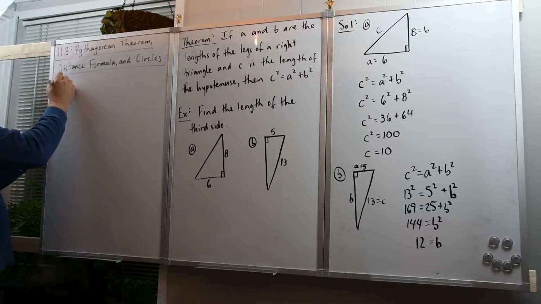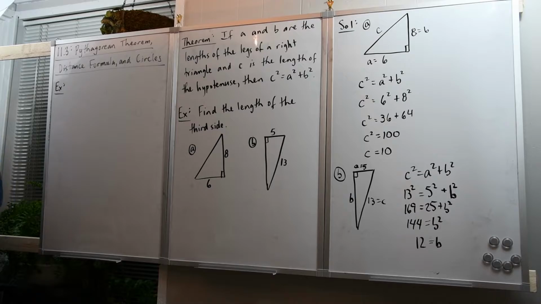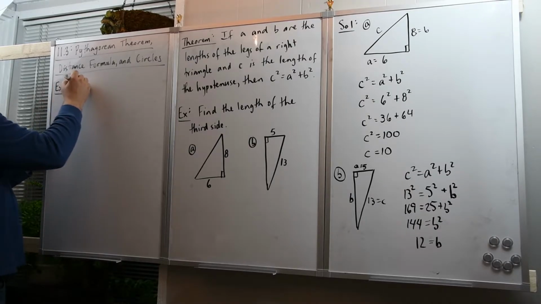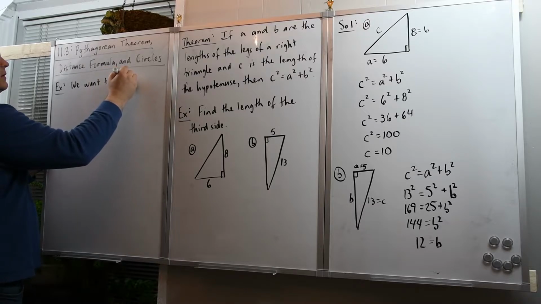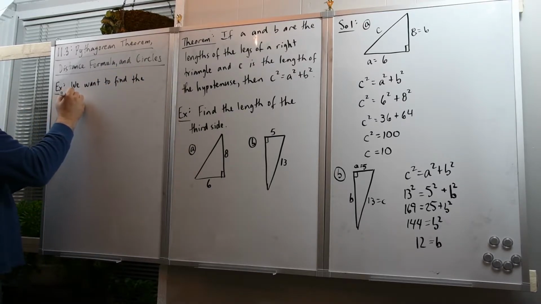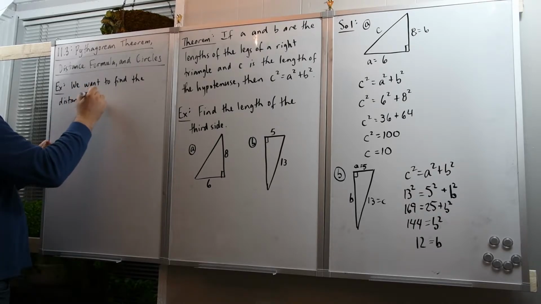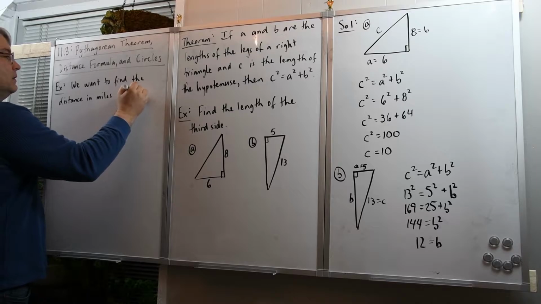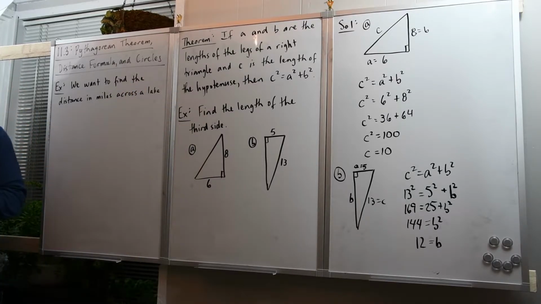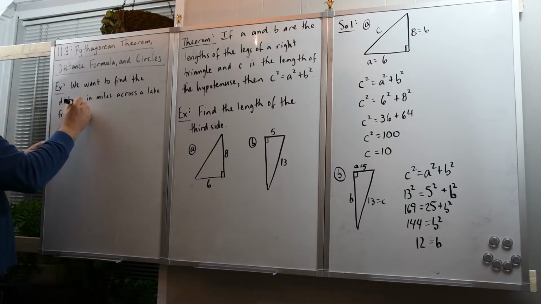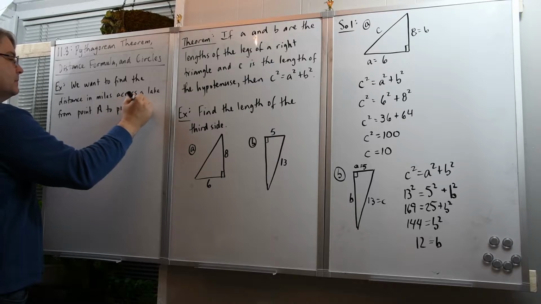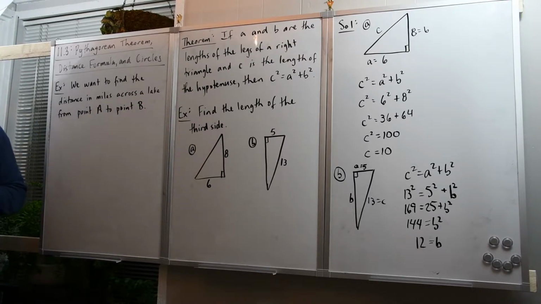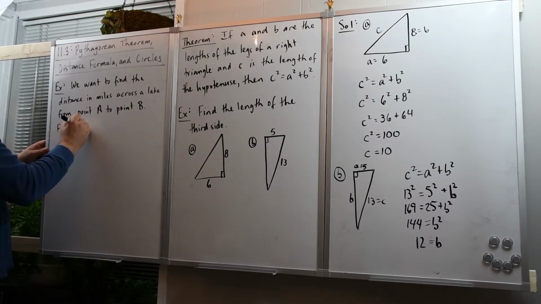And so in this next example, let's say we want to find the distance in miles across some sort of lake from some point A to some point B. Now, we're going to have some sort of figure that we're going to draw for that, but the goal is going to be to find the distance.